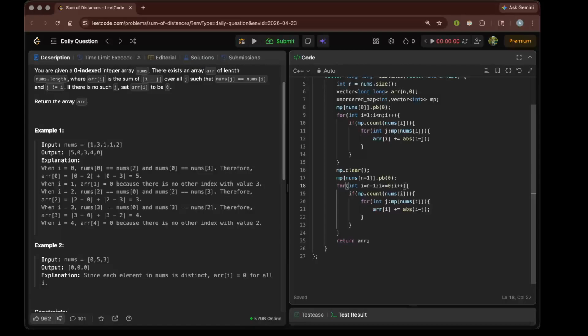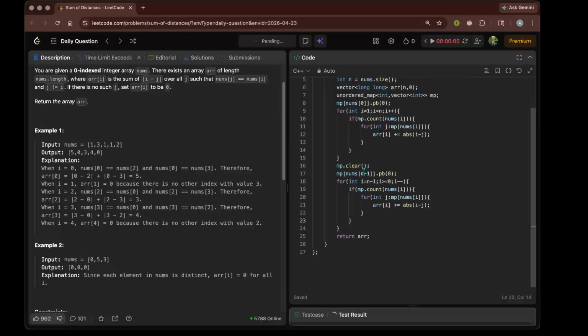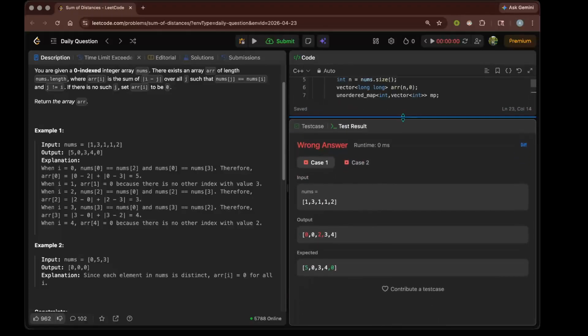Greater than or equal to 0, i minus minus, obviously. Okay, here it goes to 0, i minus minus. If we can find it, obviously we should move on. It's with its vector, and arr of i would be whatever that index minus where we have found it already. What happened? It's returning.